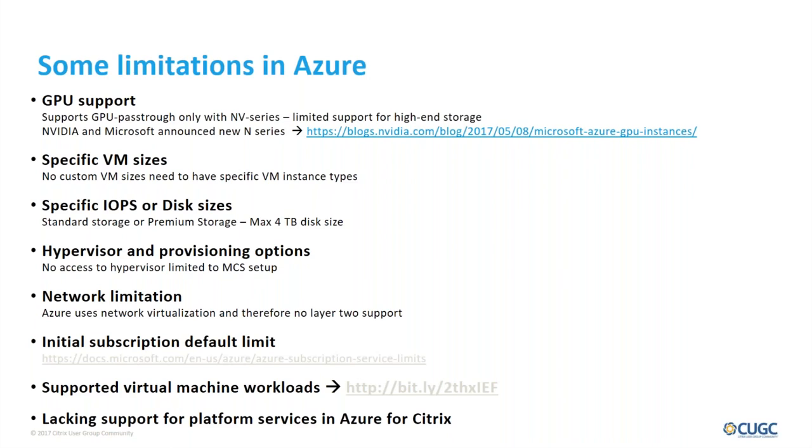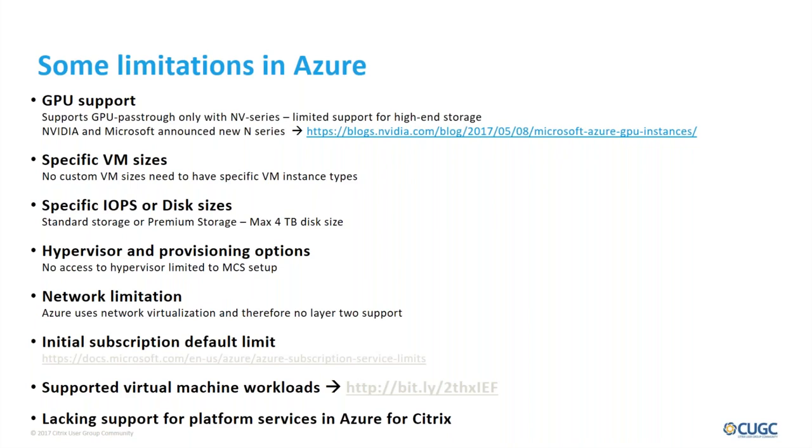You need to be aware that you cannot specify a specific instance size, so you cannot say I want this amount of CPU and this amount of memory. You have to choose from an existing set of instance types that Microsoft has. When it comes to IOPS, you have two different storage flavors to choose from. You have standard storage, which is 500 IOPS per disk, or premium storage, which can go up to 7,500 IOPS per disk.